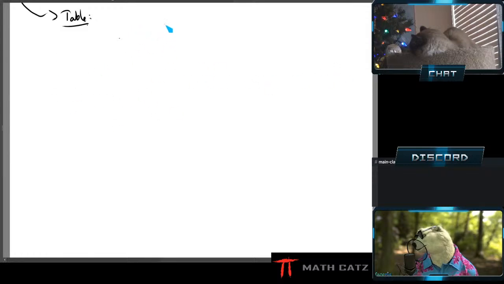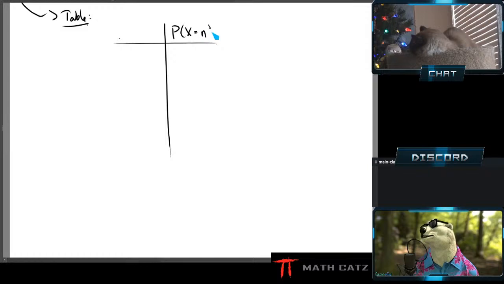It really doesn't matter. I'm going to do a column. I want my heading to be the probability that x equals a number, and that number is going to range from 1, 2, 3, 4, 5, and 6. Those are all the possible values that x could have. So I use a little n for convenient table column headers.